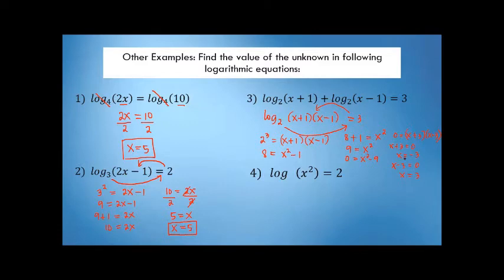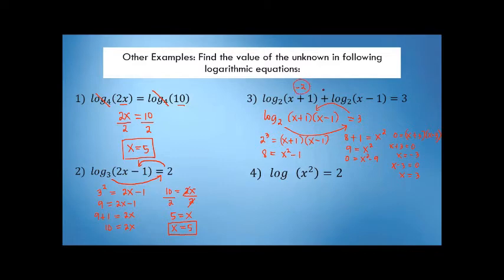Now, tignan natin kung alin dito yung magsasatisfy sa ating number. Kasi ang unknown natin dito is number. So, dapat wala tayong negative number. So, isa-substitute natin ang negative 3. Negative 3 plus 1 is equals to negative 2.